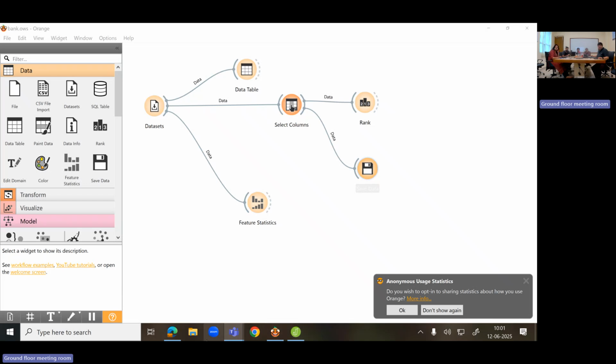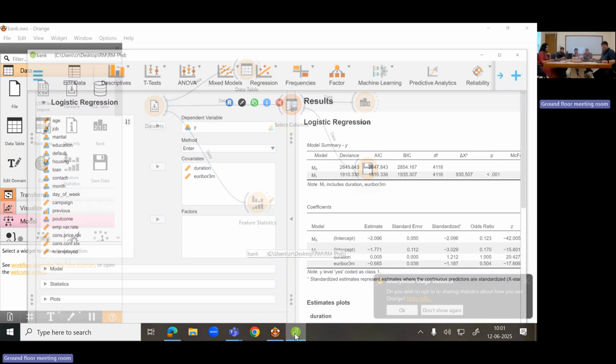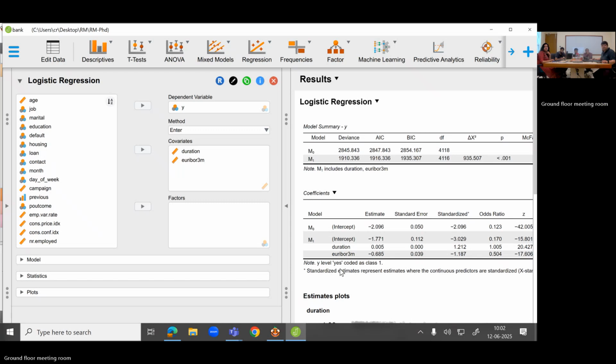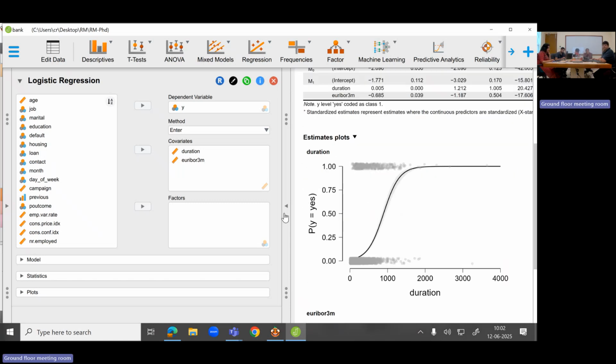So yesterday we discussed the logistic regression equation, right? And also the estimate plots.